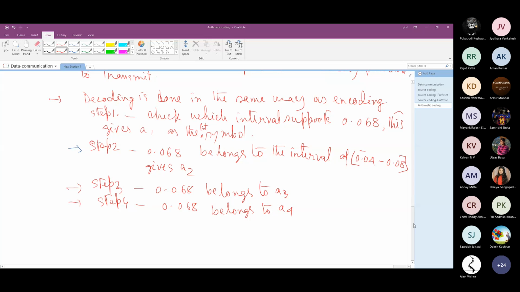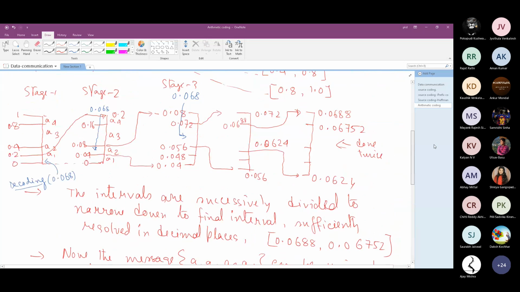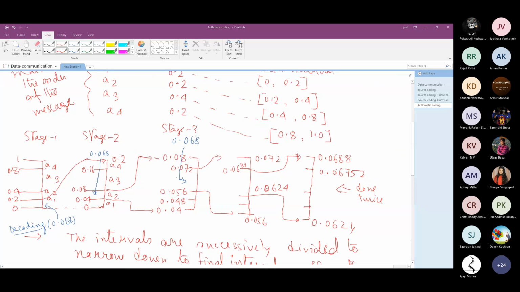Last stage, but this is less than 0.068. 0.068 is correct. Yeah, that's fine. The last interval belongs to A4 only. Yes.